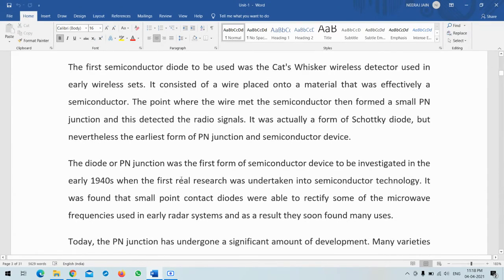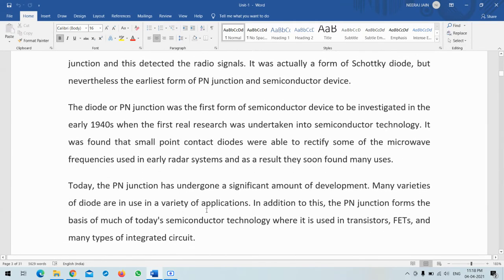The simplest device is the diode, which was investigated in the 1940s when initial research was carried out in the field of semiconductors. At a later stage, several devices like the transistor, FETs and other ICs use the PN junction.